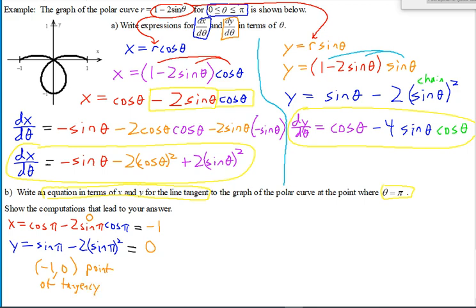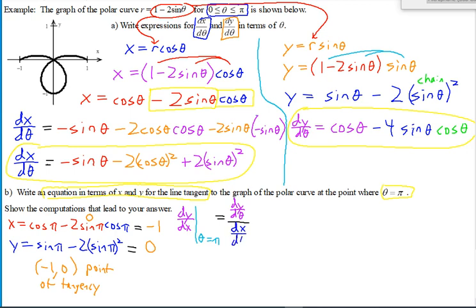And then for the slope, we just have to use the formula, remember, dy dx, in this case specifically at the angle theta equals pi, is equal to dy d theta, which we found here, divided by dx d theta, which we found right here. Just like we did for parametric points.